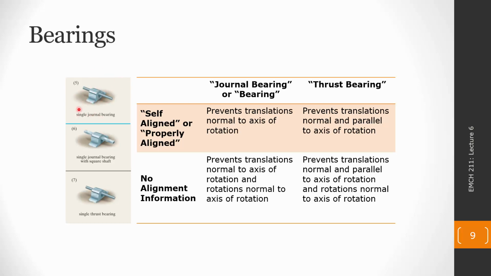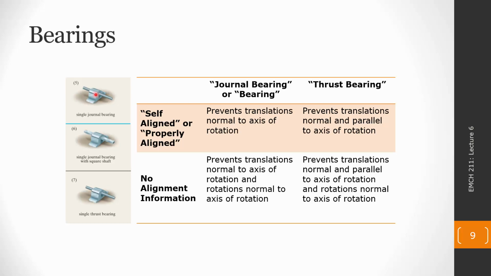So as far as moments go, self-aligned, properly aligned bearings do not impart any moment on the shaft, whereas if we don't know anything about the bearing, we will have moments around axes normal to the axis of the shaft.